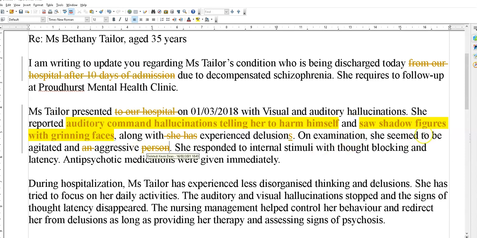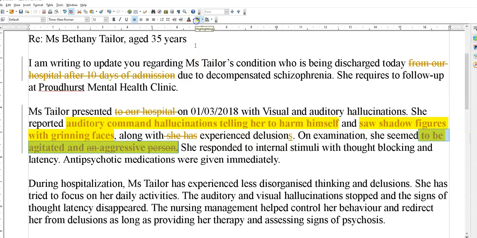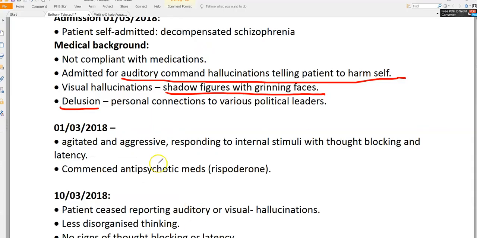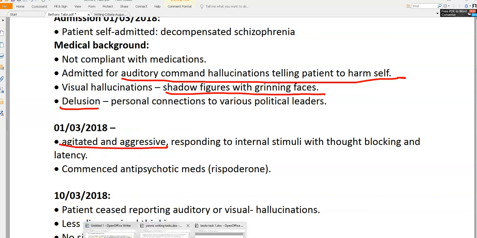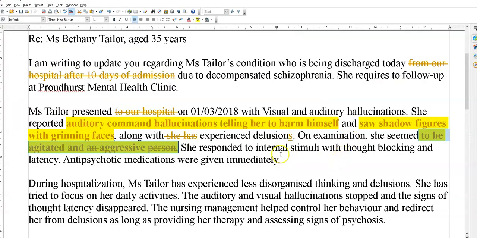So you've paraphrased it a little, but you wouldn't say an aggressive person in any case. But we've got agitated and aggressive, it's the same. What else? Internal stimuli, thought blocking and latency. So look, it's virtually word for word.